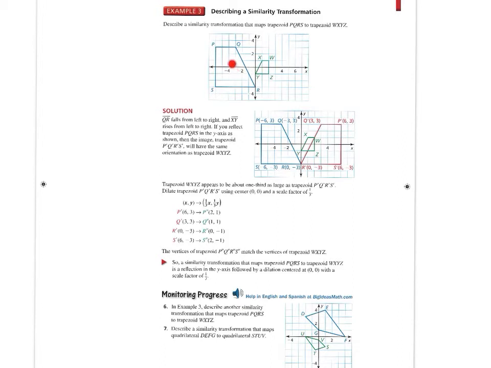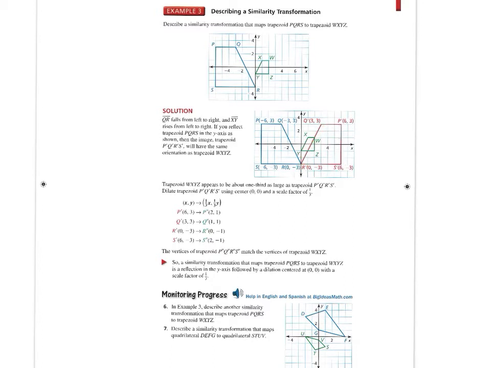So when you're thinking about how to map trapezoid PQRS onto WXYZ, you would definitely need to do a reflection across the y-axis. And when you see that, you should get this shape here.